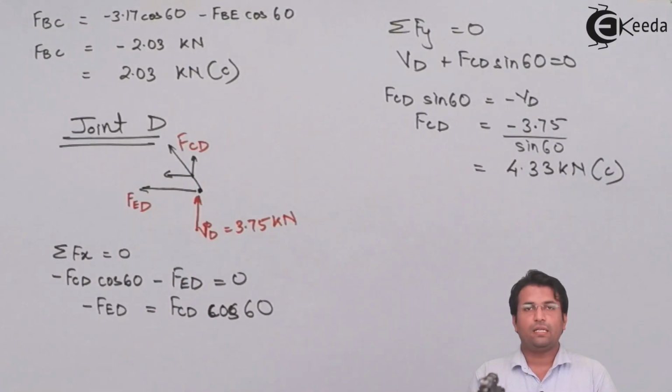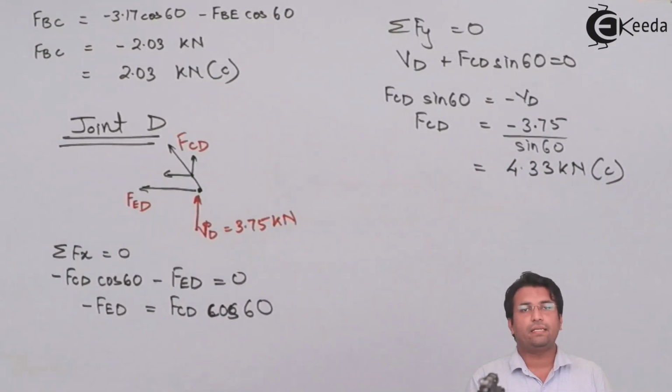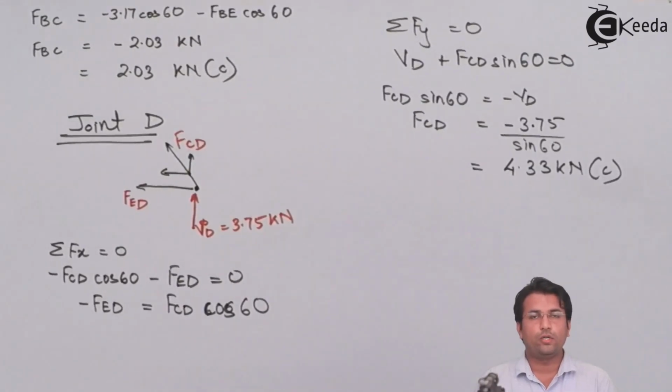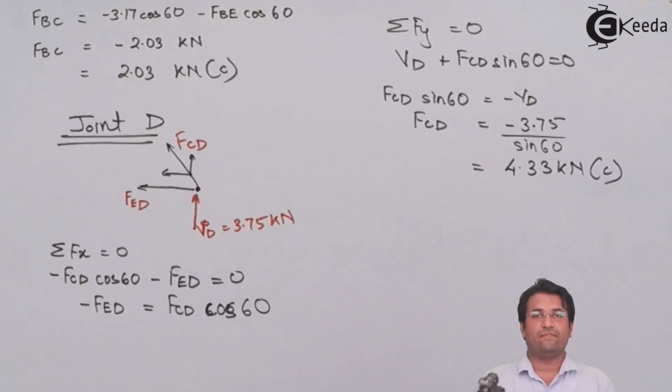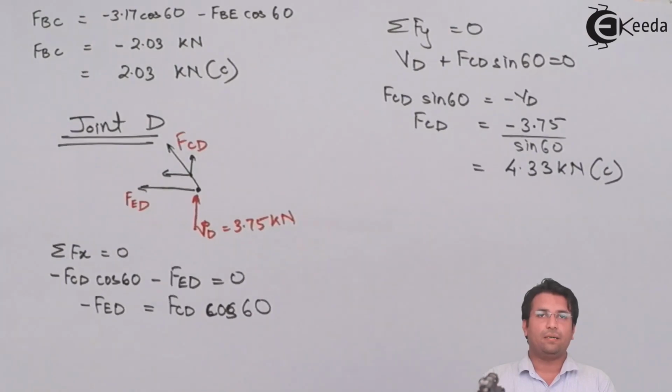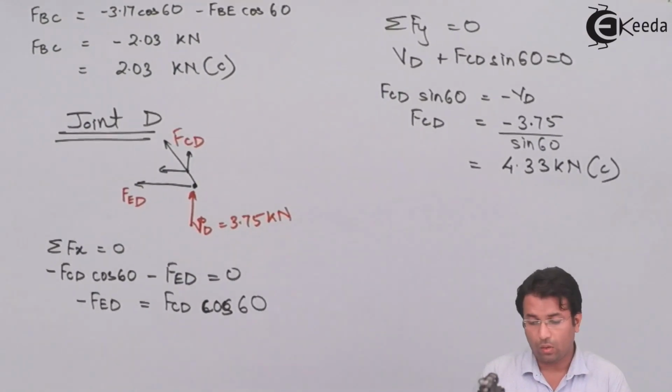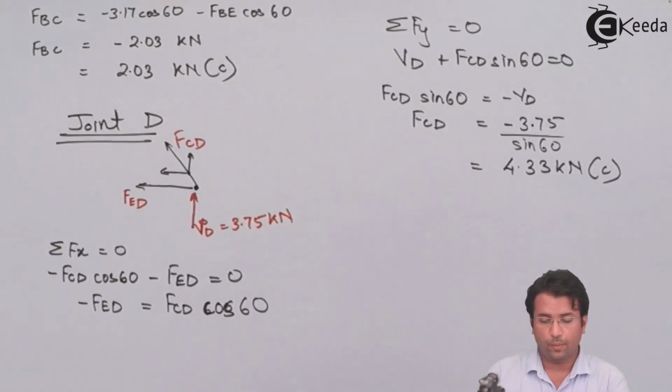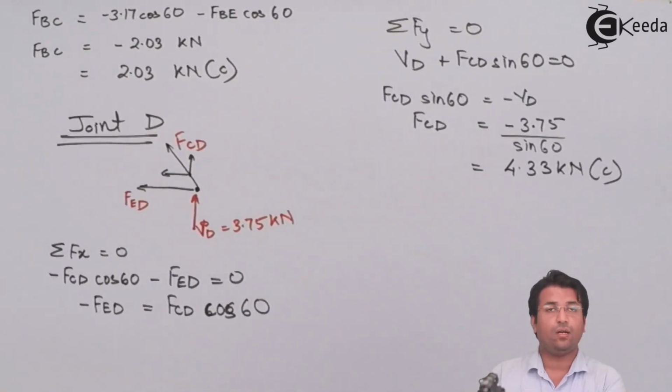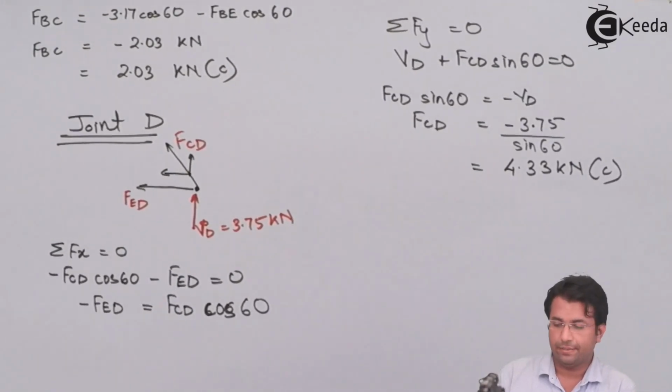Now we can see that the force in member CD is coming out as 4.33 kilonewton, and that is negative. So we have to say that it is a compressive force. Now, if I put this value in the equation of summation Fx, I can find out the force in member ED.